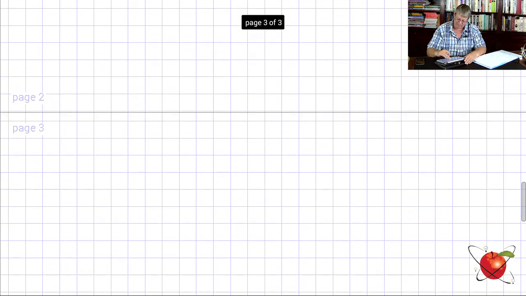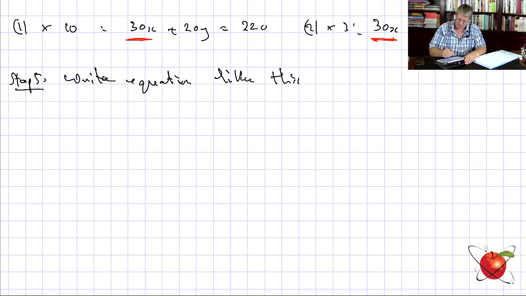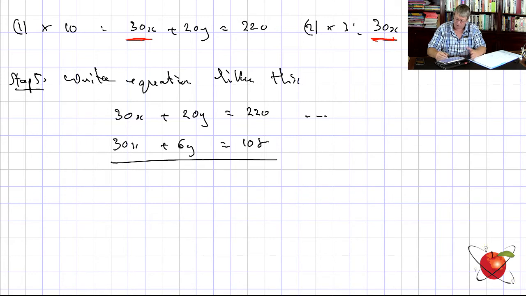You write them under each other, okay? So what I would do is I would say 30x plus 20y is equal to 220, and 30x plus 6y is equal to 108. Now, you can call that still 1 if you like, and this one 2.